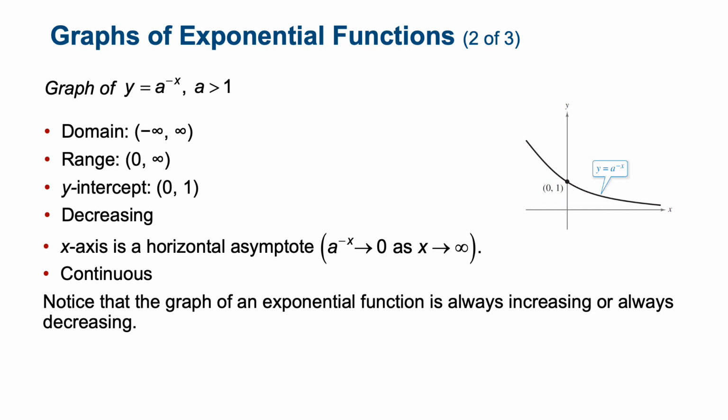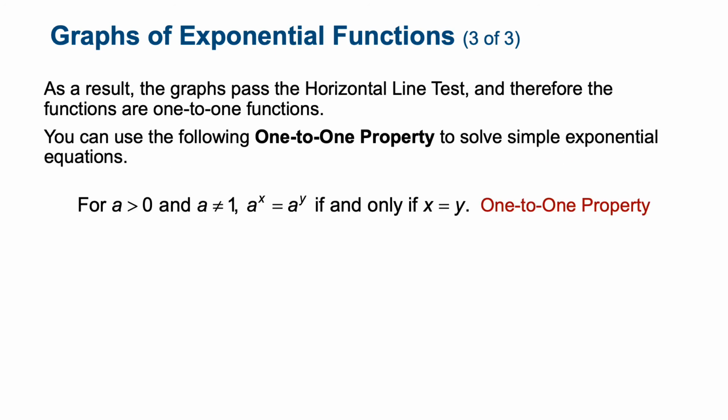The y-intercept is also (0, 1), since -0 is still 0. The big difference is that it's decreasing. It's a reflection of a to the power x, and it's continuous. Also note that the graph of an exponential function will always be increasing or always decreasing.